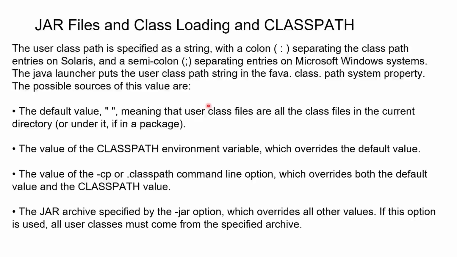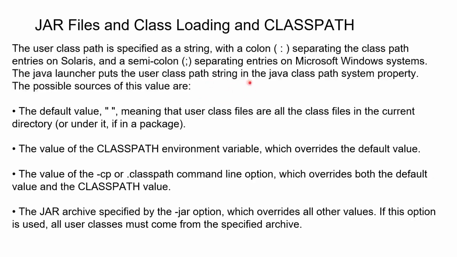Again, class paths are string values of where our classes are, no different from the value of our path variable, which is a set of directories where our files are. The entries in the class path are separated just like they are in our path variables. In the Linux and Unix world, we use a colon to separate the various paths. In the Windows world, the individual entries are separated by a semicolon.